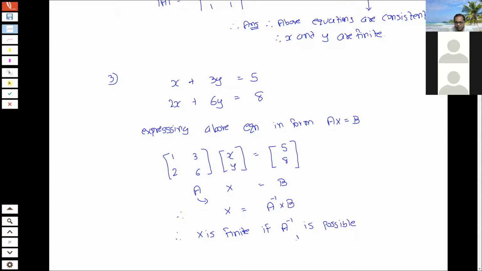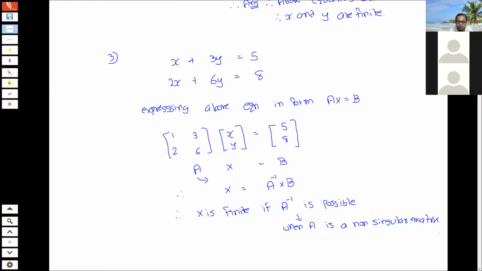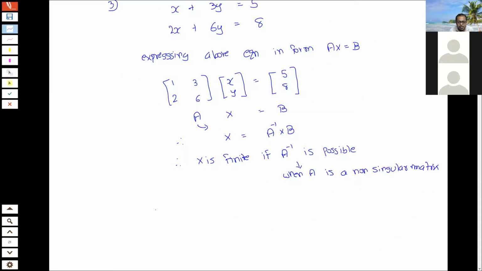A inverse is possible when A is a non-singular matrix. So let us test whether A is singular or not.